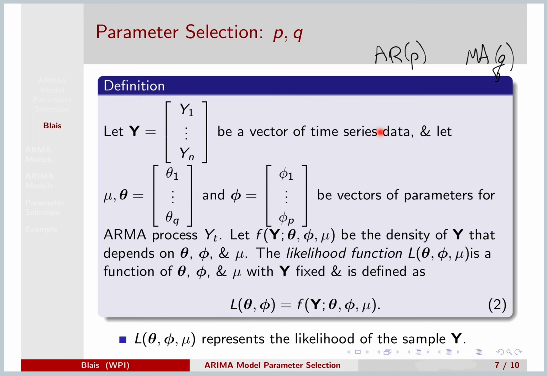So this is what we have set up for our ARMA process. And so the idea here is our ARMA process, we have already differenced. So Y is the result of an already differenced process that we believe is stationary.